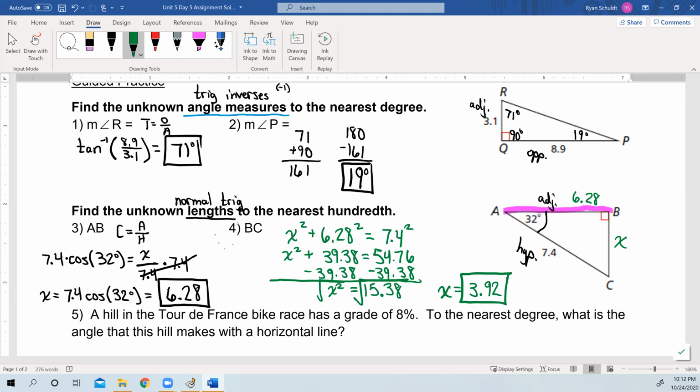So this is BC. This one is AB. Okay, there's those two.